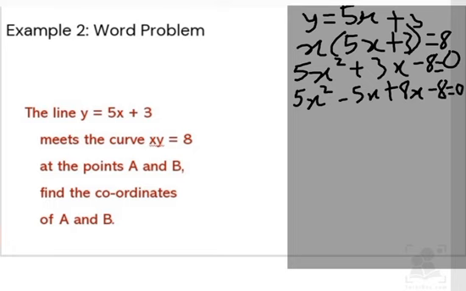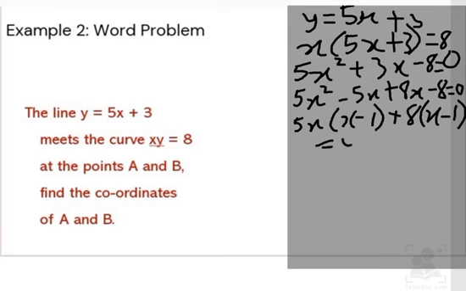So I'm going to factorize now in pairs. The first two, the common factor there is 5x. So I have 5x, open brackets, I write out the remainder, which is x minus 1. The next pair, we have 8 common. Then I open bracket, I have x minus 1 equals 0.